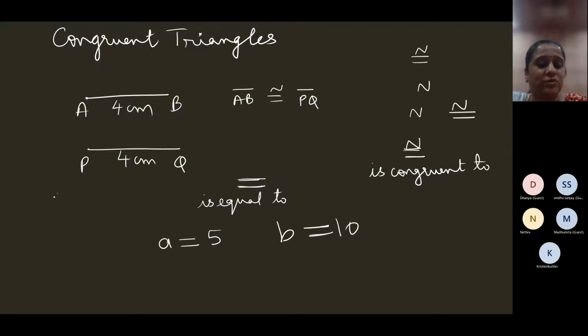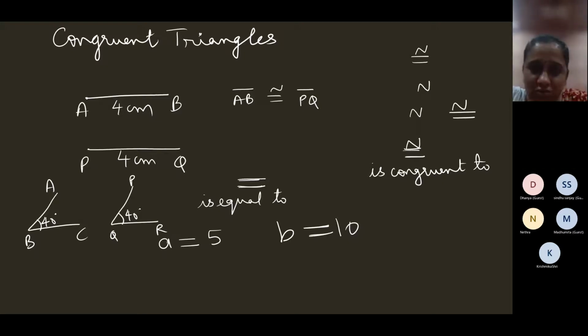Similarly, angles. Now, supposing you have an angle, let me call it angle ABC, which is say 40 degrees. Another angle PQR, which is also 40 degrees. Angle ABC is one angle. There is another angle PQR. They're two different angles.